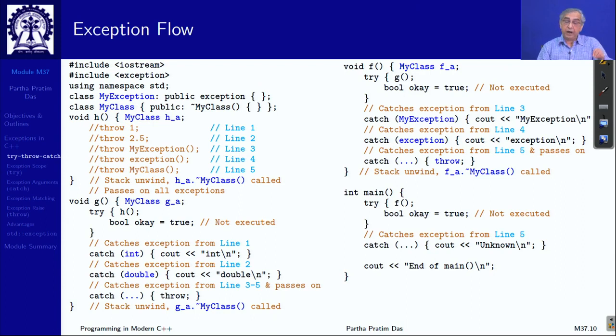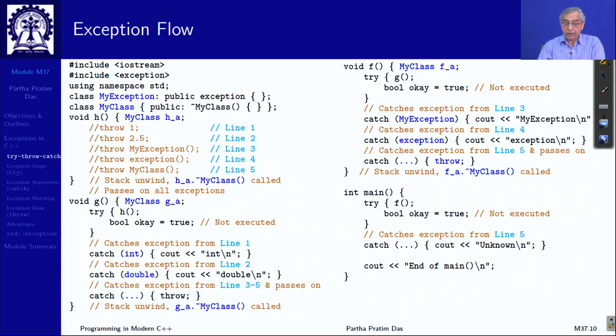You could see how from a depth of call you can propagate the exception nicely back to the topmost level, which is main, and in the process unwind the stacks as needed and clean up the automatic objects. But in case one of these functions could catch the right type of the exception, it will handle that and proceed from that point. It will not propagate it to its caller.